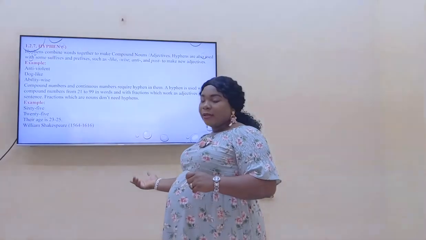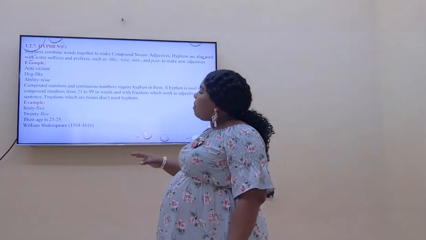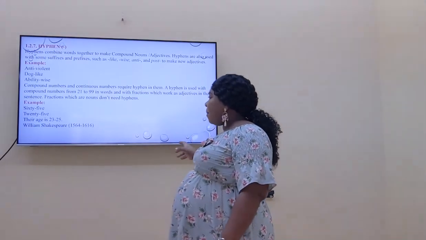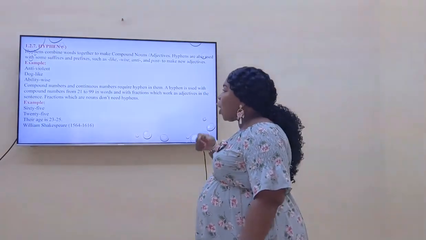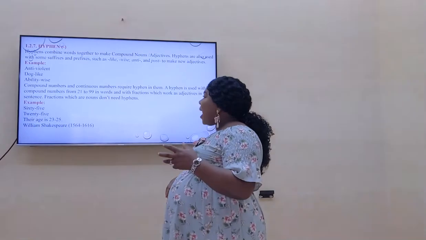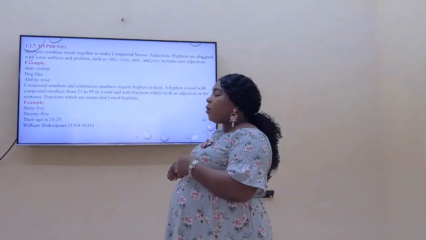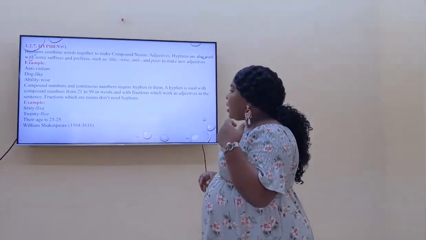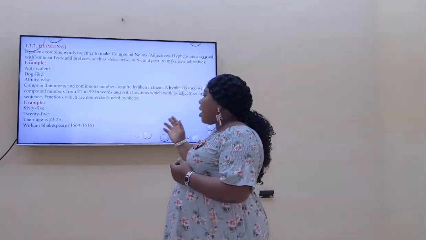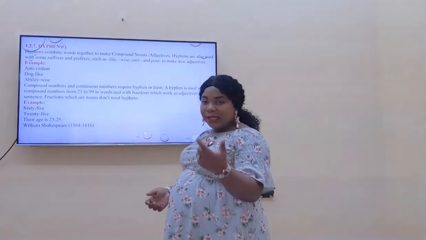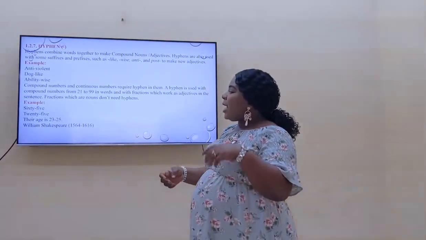Ability-wise. Alright? So compound numbers and continuous numbers require a hyphen in them. The hyphen is used with compound numbers from 21 to 99 in words and with fractions. For instance, sixty-five, that's 65, alright?